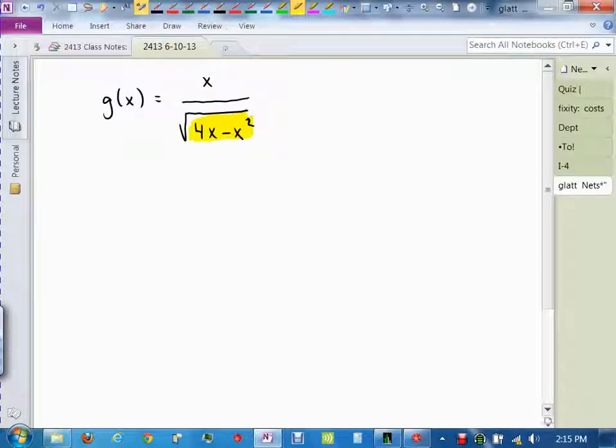So we have two issues here. So I'm going to write that down. What we have is this. 4x minus x squared has to be bigger than 0. Strictly bigger, doesn't it? Can't be 0, because I'll have division by 0. And it can't be negative, or else I have a negative under a root. Now, this is what's called a quadratic inequality.